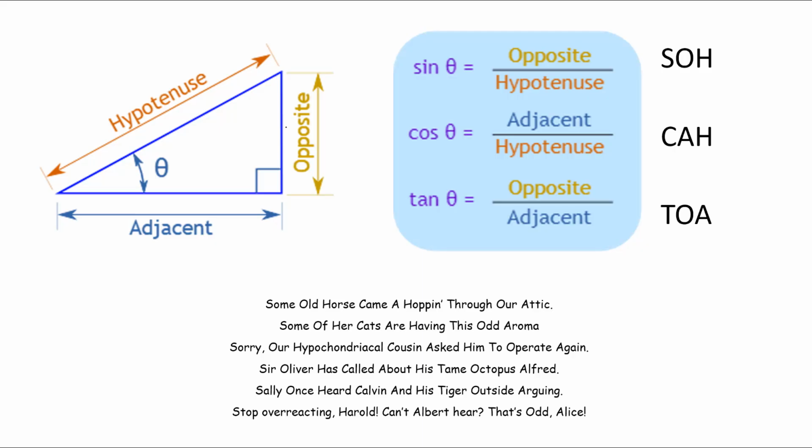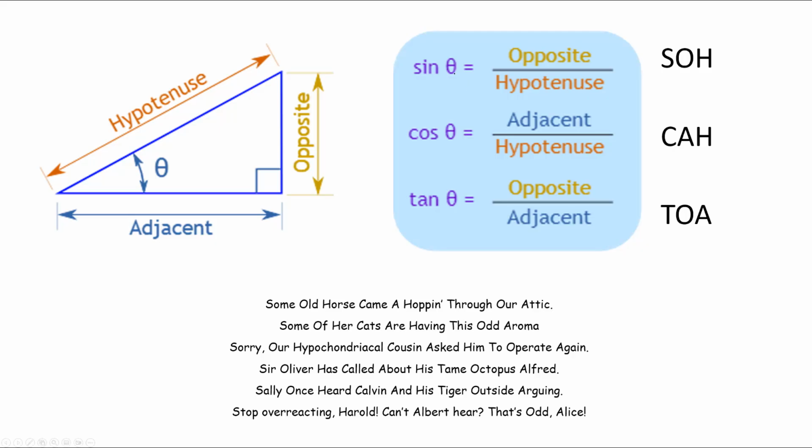The hypotenuse of a right triangle is always right across from the right angle. So that is what the sine function means. It means look at this angle, theta. Tell me the ratio of the side opposite to theta, that length, divided by the hypotenuse of that same triangle. That's what sine is.